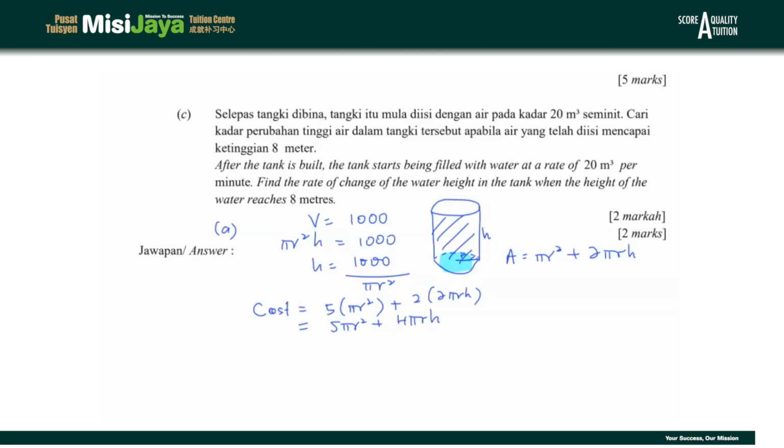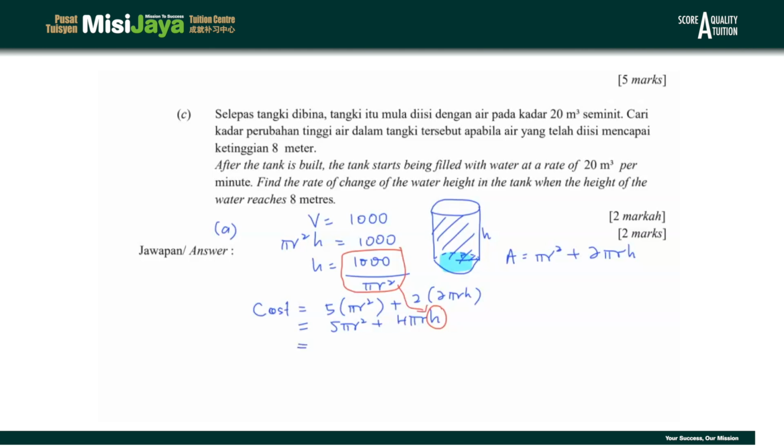So we want our answer to be in terms of pi and r only, right? So we don't want h. So what are we going to do with the h? I'm going to substitute this into here, to get rid of the h.